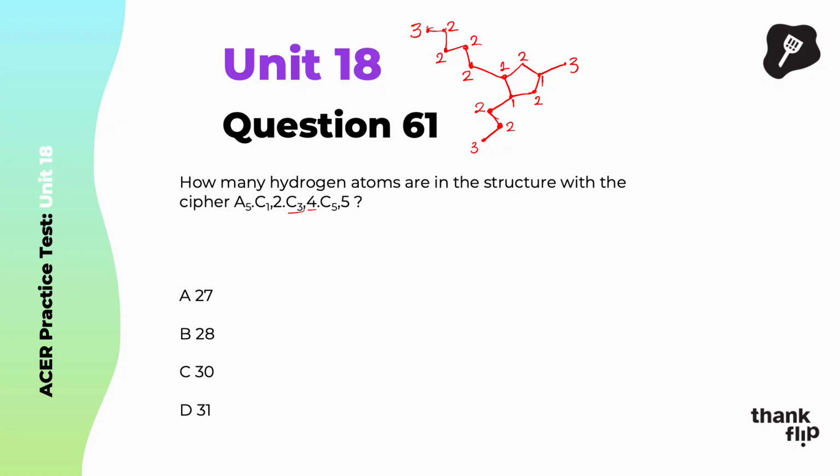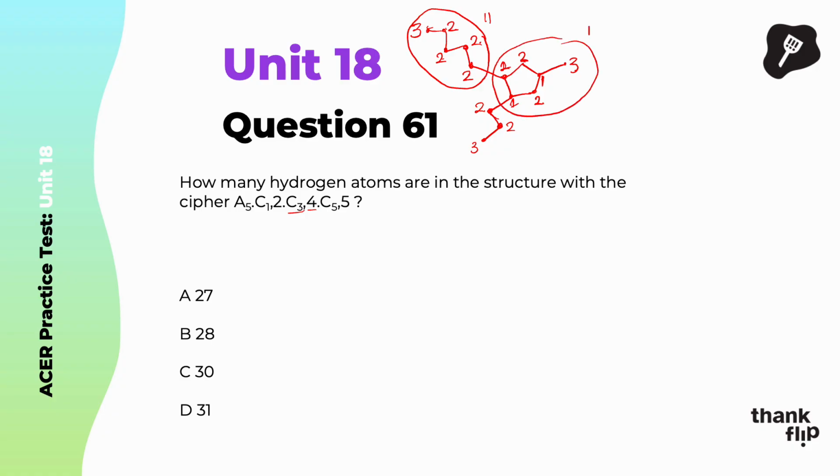Okay, so now we just have to add up the numbers. So we have 2, 4, 6, 8 plus 3 is 11. I like to do things in little chunks to make life easier. And then we have 3, 5, 6, 8, 9, and 10.